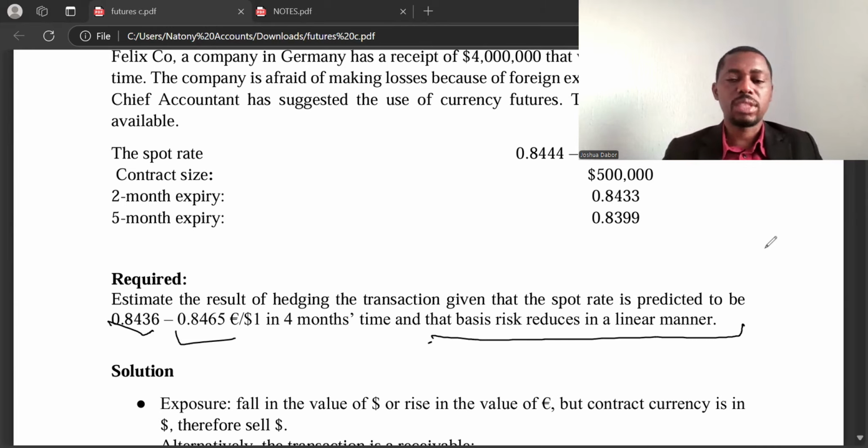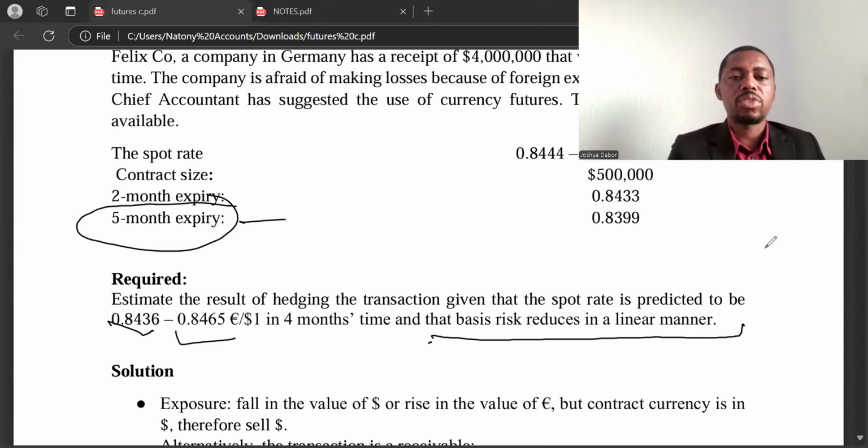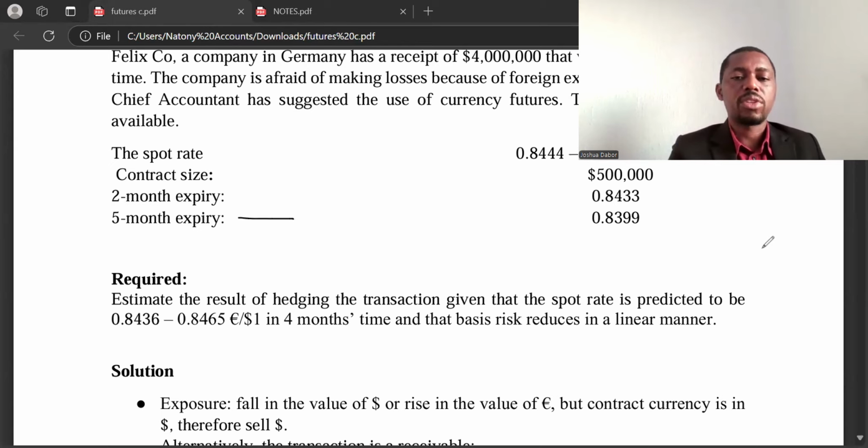So in this question, definitely, you know that you are going to calculate your basis or your closing futures price because the contract will expire in 5 months' time. But the company is going to be receiving this money in 4 months' time.